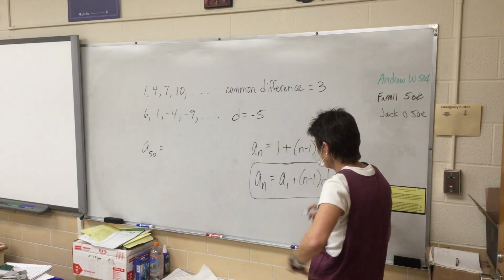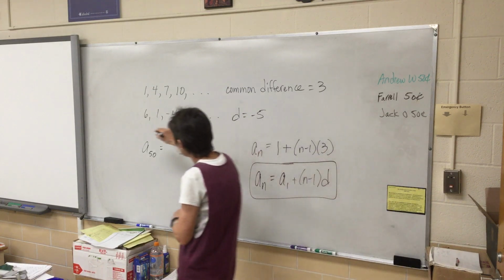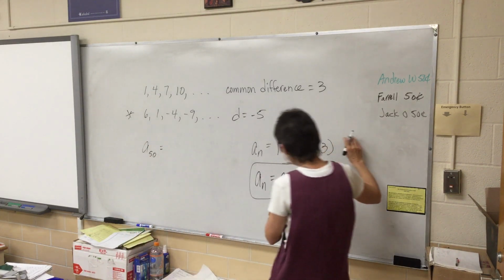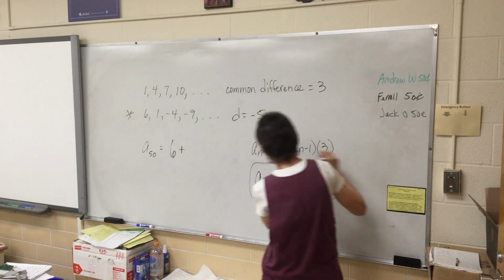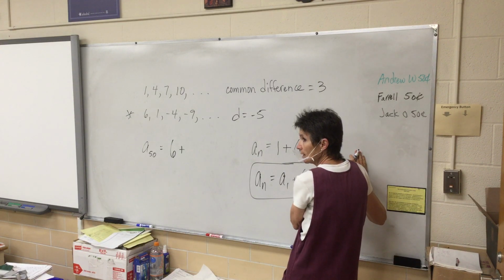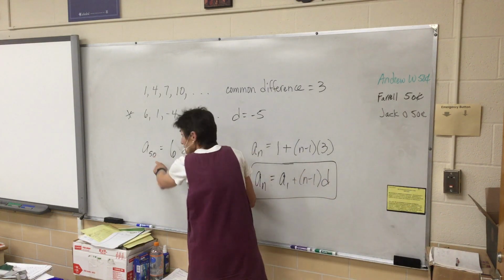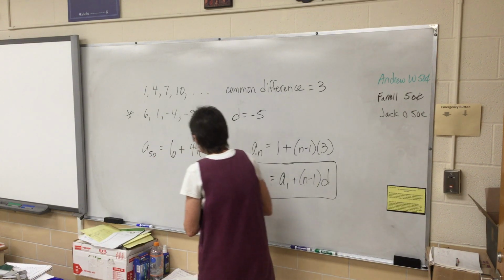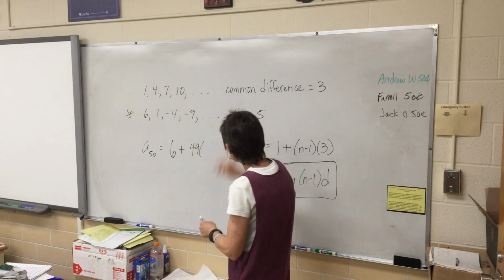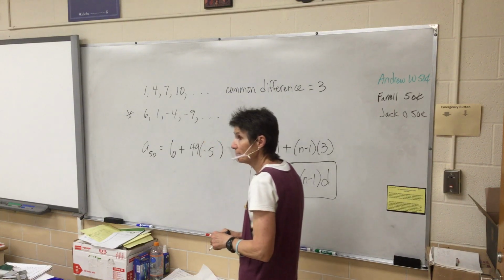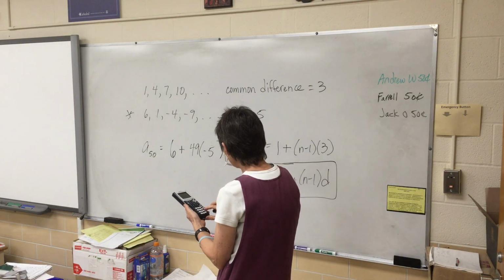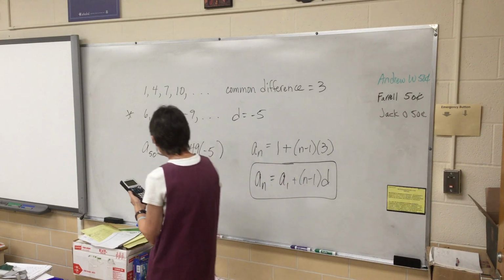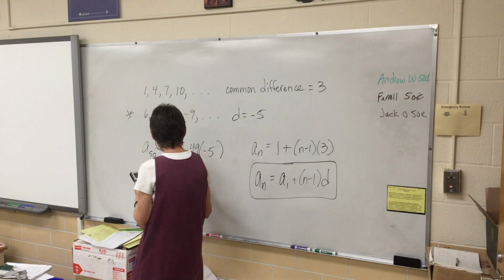The 50th term, according to our formula, for this sequence right here, will be the first term, which is 6, plus n minus 1, which for 50 would be 49, times the common difference, which you already figured out was negative 5. So if you needed the 50th term in the sequence, and we're going to do some word problems where you can see how this can be really a good thing, it is negative 239.